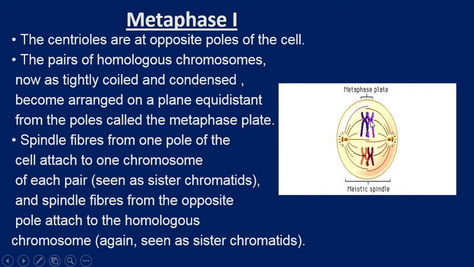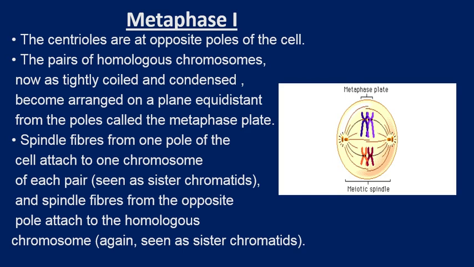You can see here they are tightly coiled and condensed. They become very thick, arranged on a plane equidistant from the poles, called the metaphase plate. So here they arrange themselves on a plate, and that is called the metaphase plate.